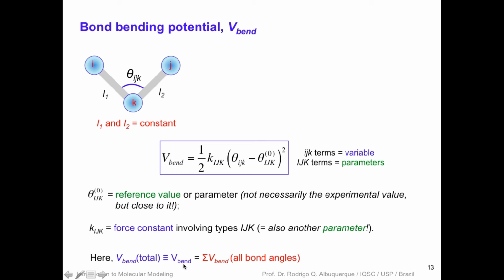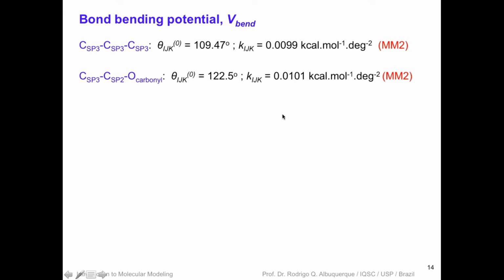I will represent the total bond bending potential as just V bend. So every time I show you V bend, I'm saying that there was a summation over all bond angles of the molecule. We see here an example of parameters for the MM2 force field involving, for instance, bond bending involving 3 sp3 carbons.